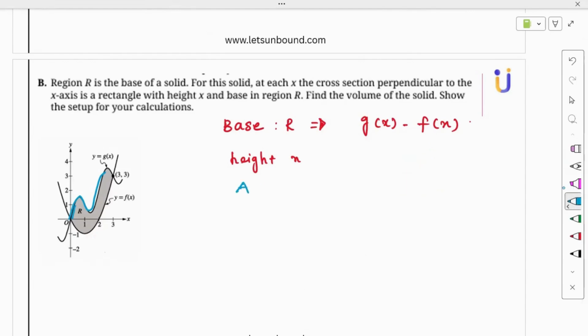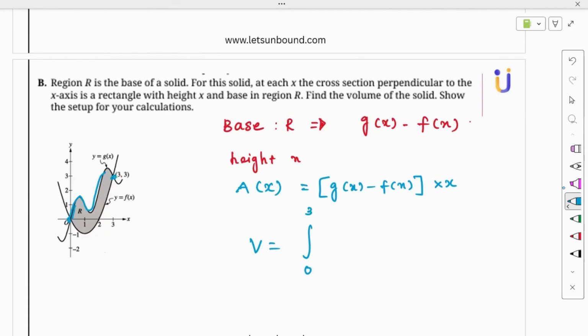So I need to make an area function. A of x, we are making a rectangular cross section, right? So base times height. G of x minus f of x is your base. For that, the respective height is x. That's it. So my volume, the base region has limits from 0 to 3.